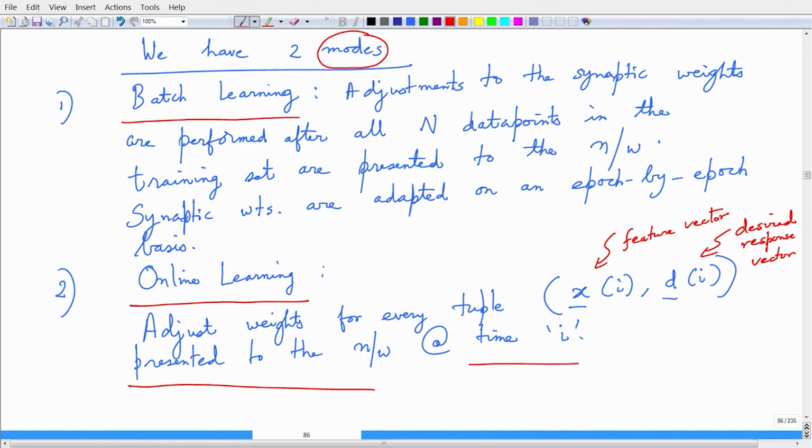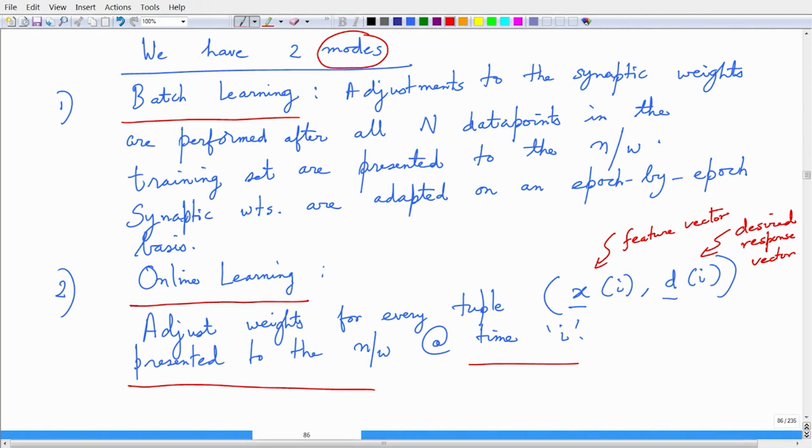This is presented to the network, and the network has to learn this, and the weights are adjusted for every tuple, that is every time instant i. For every example that I present, I learn the weights of the network. You may even wonder why this is done like this. Online learning is easy. We will discuss different pros and cons of online learning and other learning methods, but you have to understand that the updation happens at every time instant.